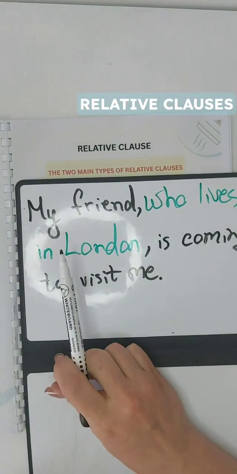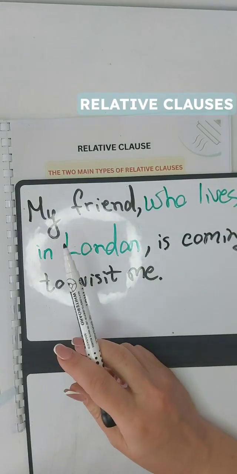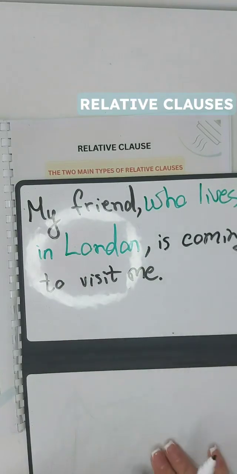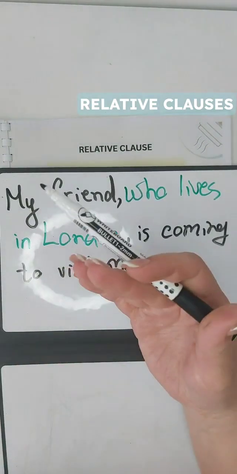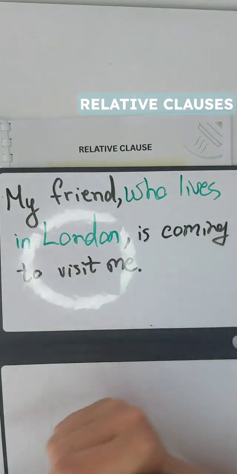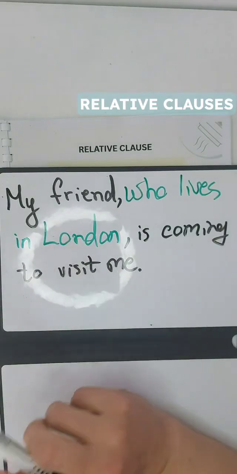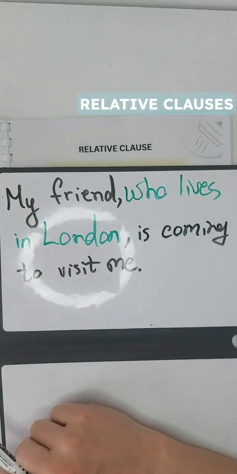Here, am I identifying the friend, or am I just providing extra information about my friend? What do you think?